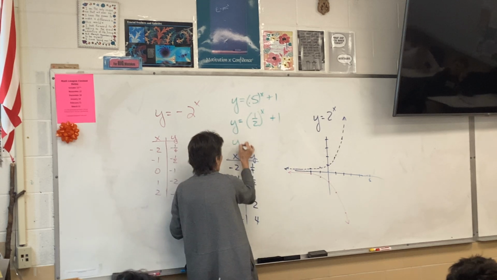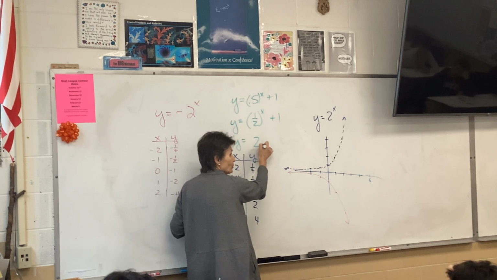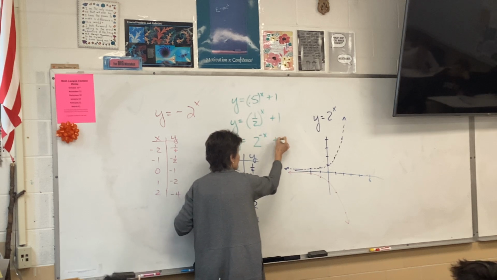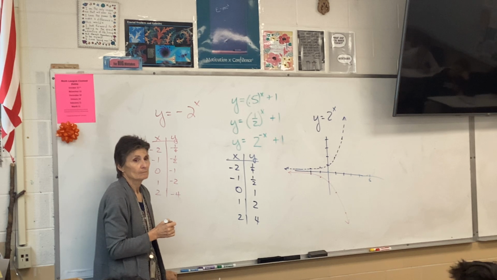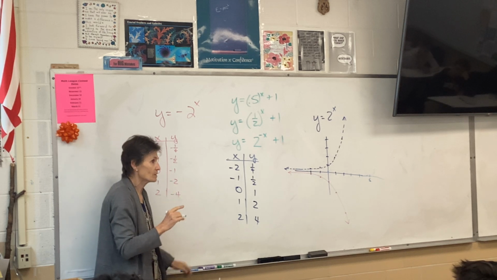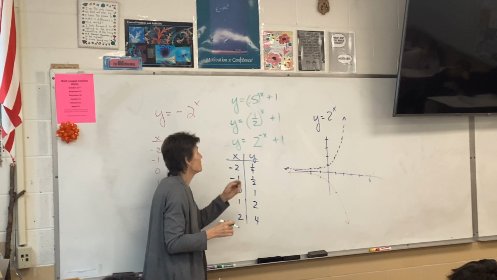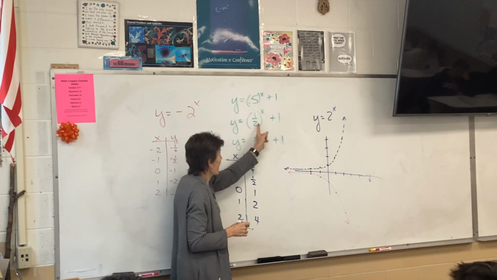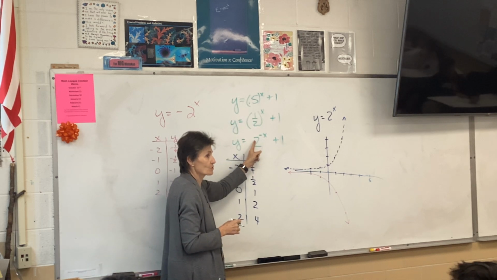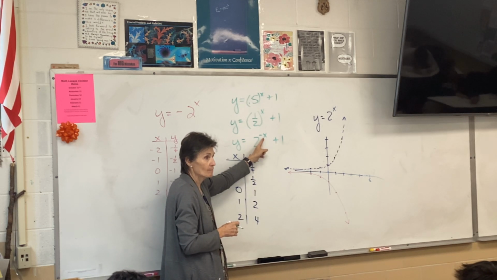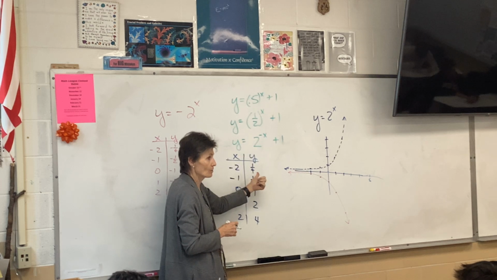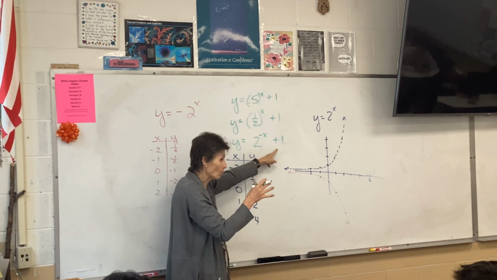And 1/2 is 2 to the negative first? See, this is where you know your exponents or you don't. You really have to know that 1/2 is 2 to the negative first. So we have 2 to the negative first to the x, 2 to the negative x, and then I have to add 1 to it.